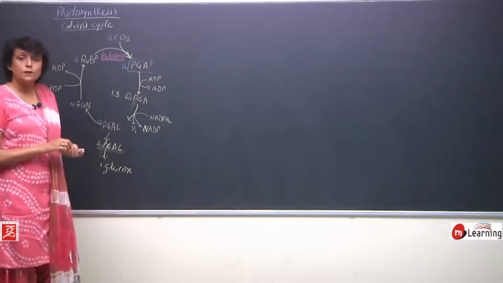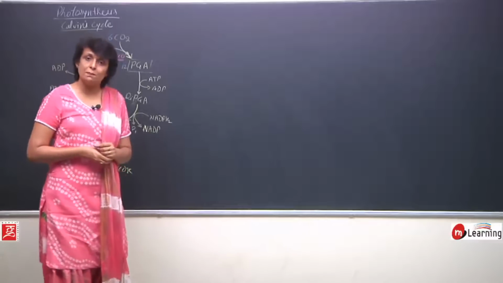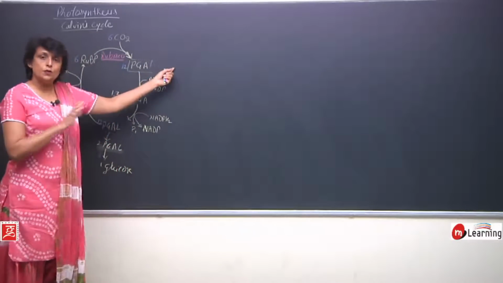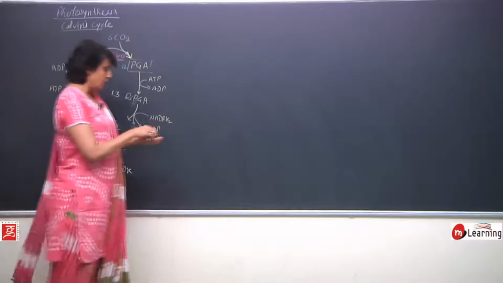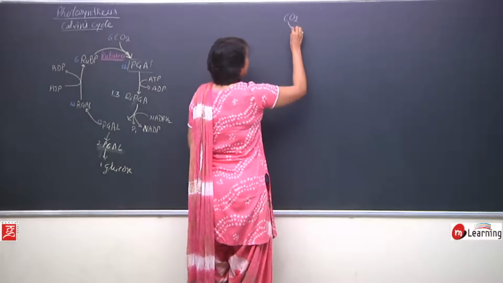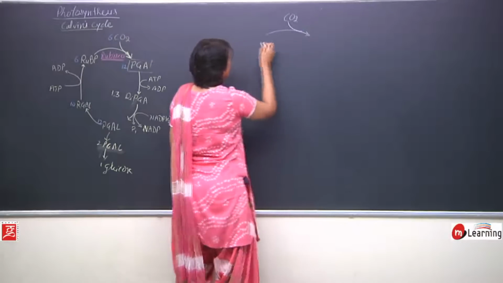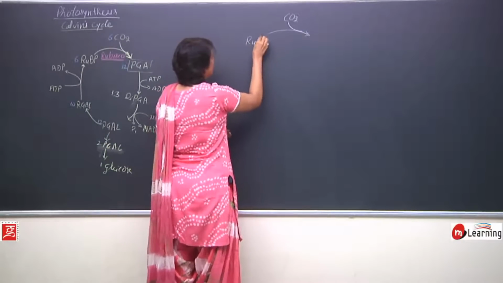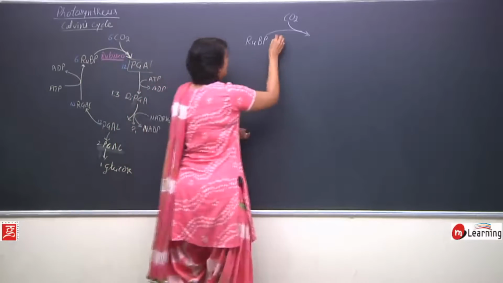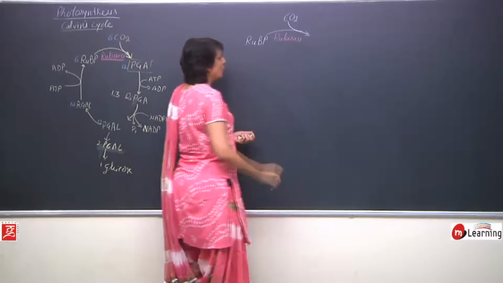Now, we are talking of the multiple intermediate steps which actually take place in Kelvin cycle. We will draw certain things which are common in both. So, the common thing is that carbon dioxide is accepted by same RUBP, that is rubulose biphosphate, and the enzyme that helps us is the same Rubisco.